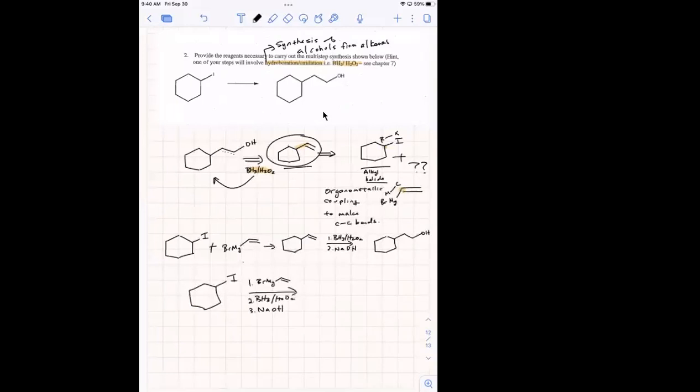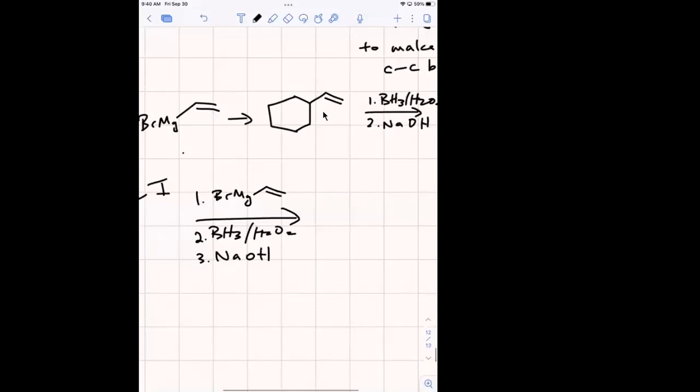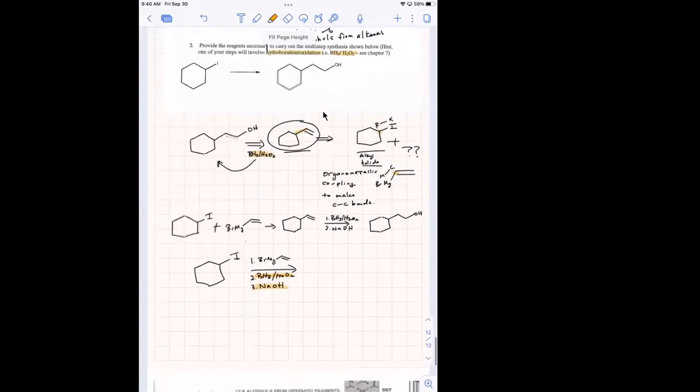So it would be a 3-step synthesis, but in the hydroboration oxidation these 2 steps kind of happen together. It's really 2 reactions, right? One to make the alkene, and then one to oxidize it up to the alcohol.